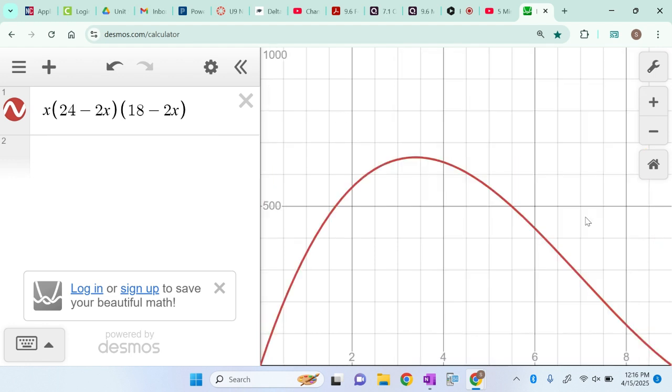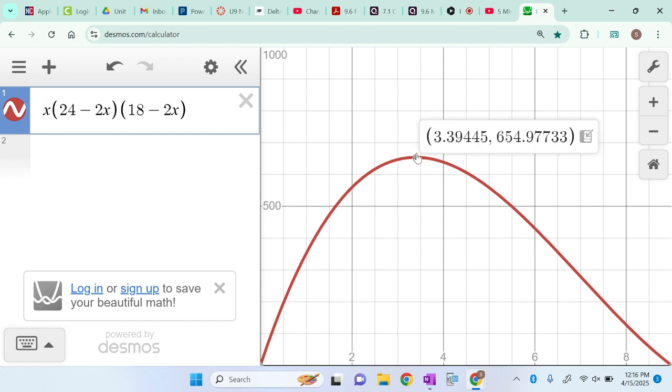So I just set my window to be basically what we already said the dimensions were. The reason I put the y-axis to about 1,000 is just so I could see it better. Now, we want the relative maximum. Desmos should already graph it for you, and if we do that, we get this point.